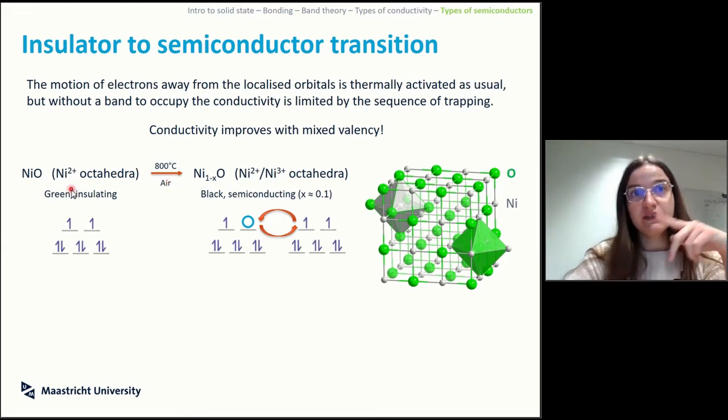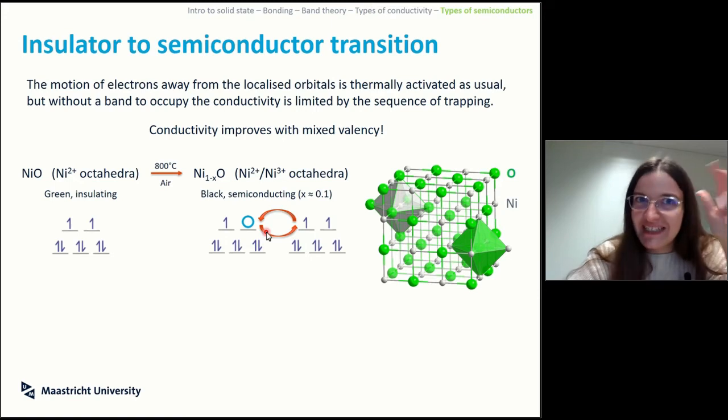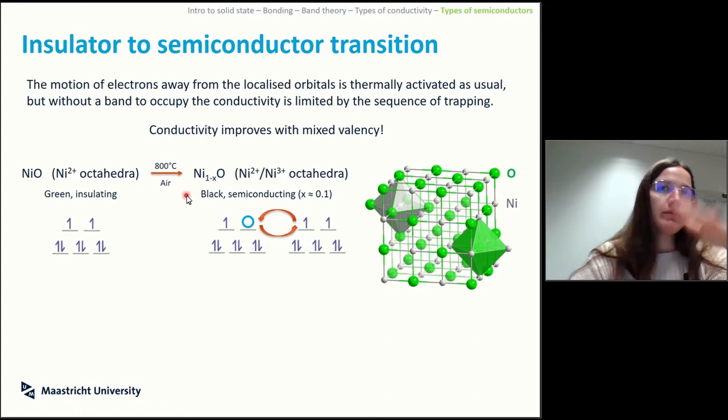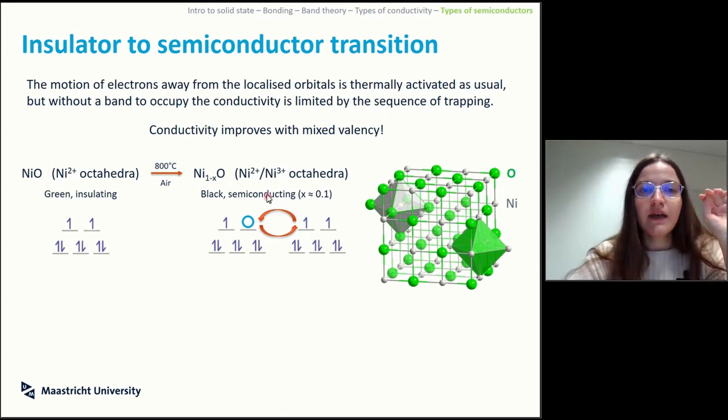When you increase the temperature and you are in air, the band structure in itself does not change much, nor do you give it so much energy that you jump the gap. But you can change the oxidation state of your nickel. Nickel can be stable in multiple oxidation states, which is something that you never see in main group or alkali metals. So you could have a 2 plus or a 3 plus, but if you have a 3 plus, then you have a space in which there are no electrons.